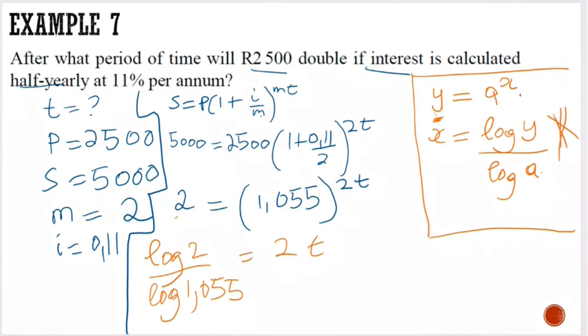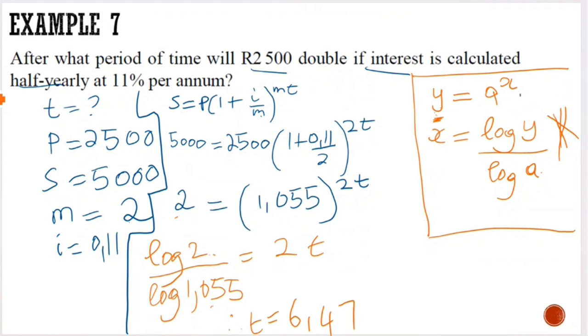Take your calculator, find log 2 divided by log of 1.055, and after that you divide by 2. Therefore, your t is going to be equal to 6.47.